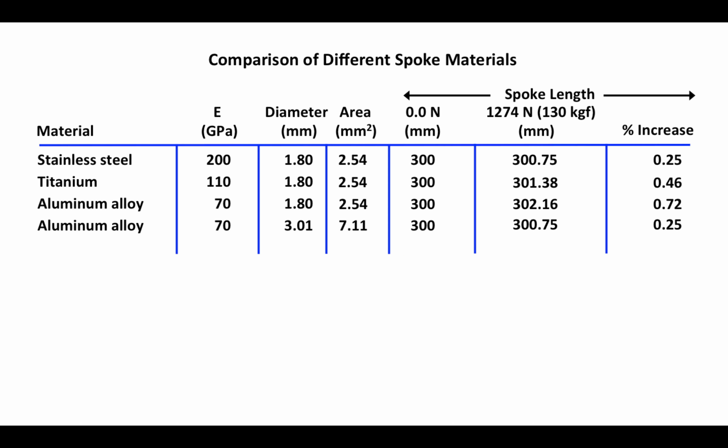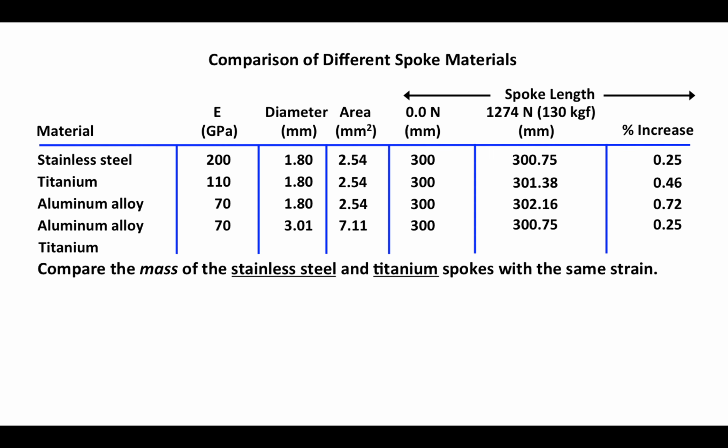Just for the fun of it, let's do the same thing and put in some titanium spokes and run through that same question. What does the diameter and the cross-sectional area have to be to give me the same strain? And when I work that out, I get these numbers here for titanium.